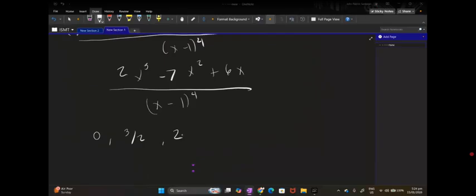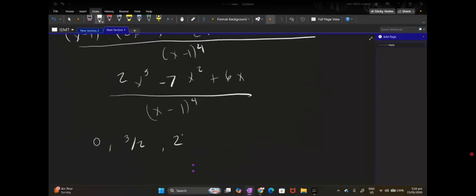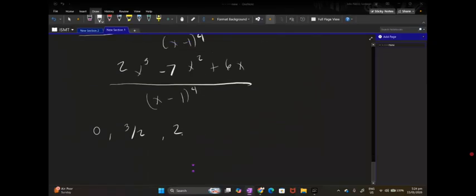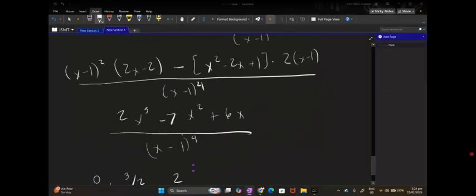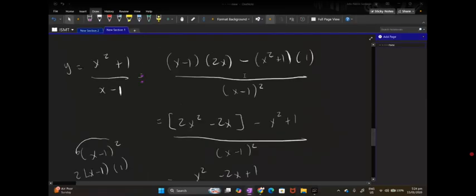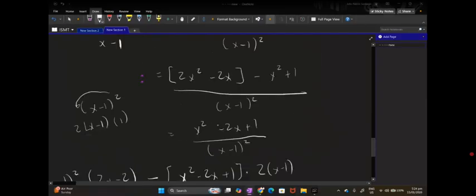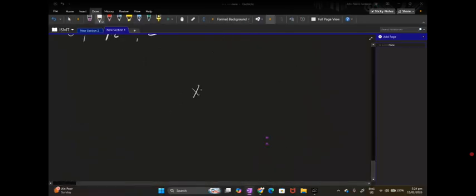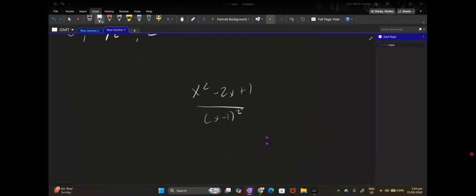To be honest, para mas madali, ang gagawin natin, let's get, diba ito yung first derivative? Ito. So, let's already get the roots here. So, x squared minus 2x plus 1, minus 2x plus 1 over x minus 1. Mas madali siya makuha. So, equate natin to 0.